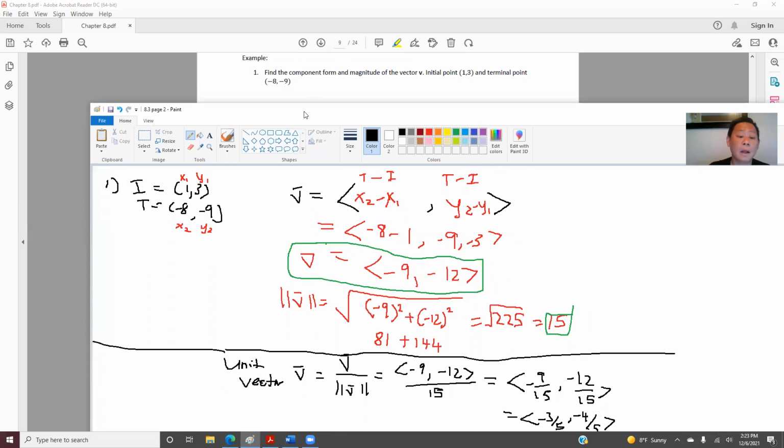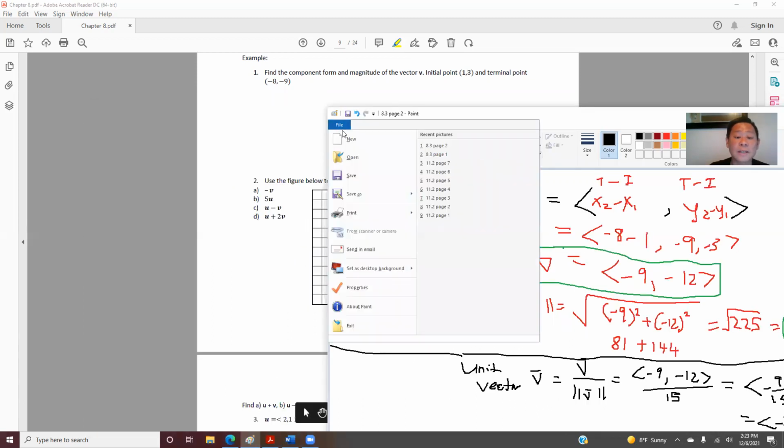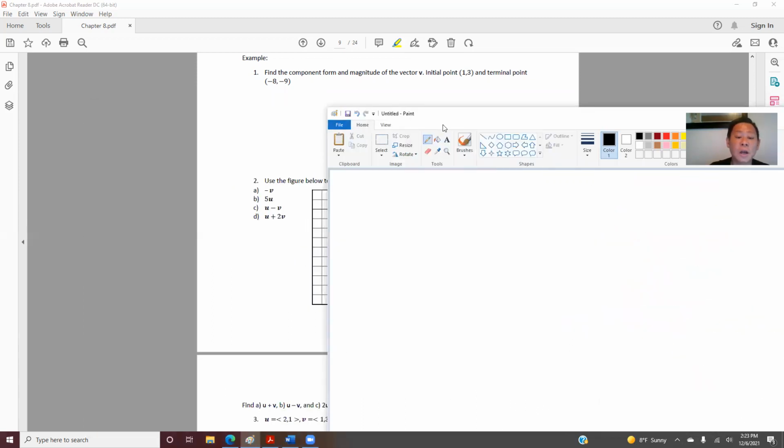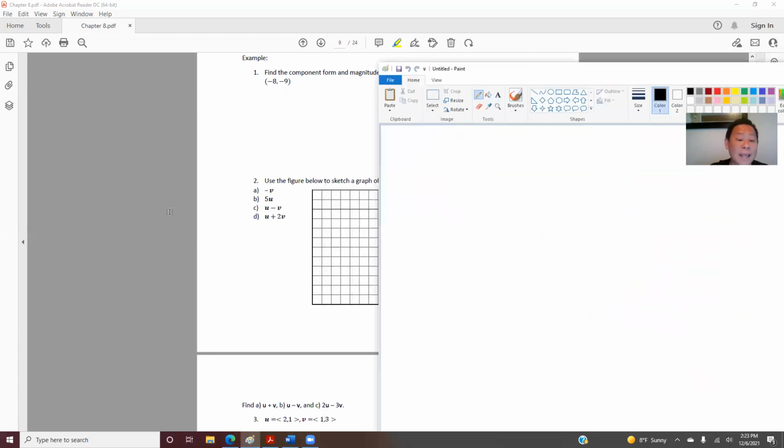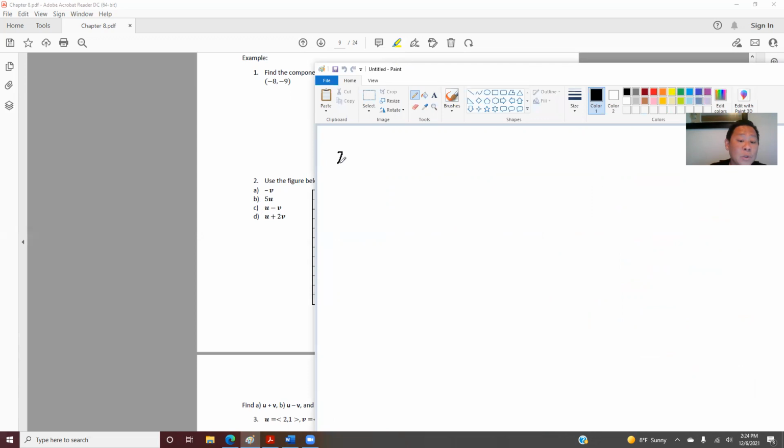Next. If a question gives us a picture, you have to sketch -v, 5u, u minus v, and u plus 2v. We can actually do vectors by drawing.